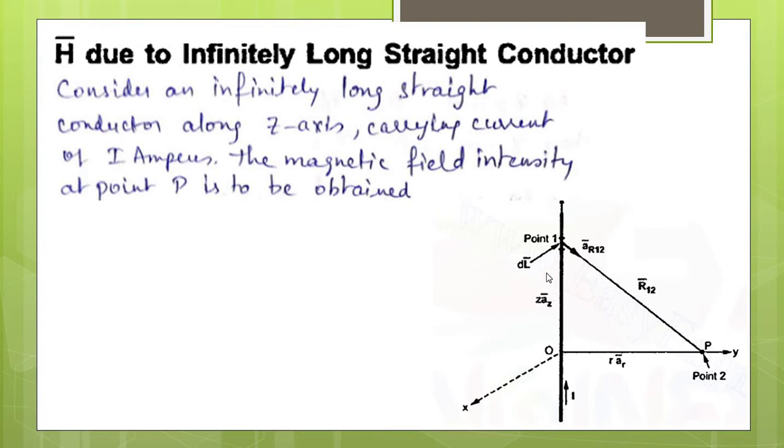So we'll consider another point, at which we have the differential length of the conductor dl. The distance between the origin and the point dl is z, and the distance between the dl and point P we denote as capital R. So these are the terms which we are going to use here.